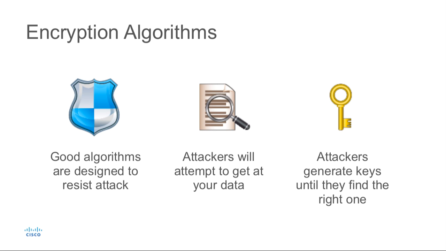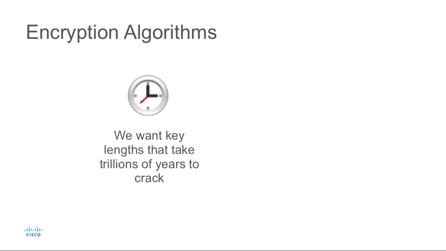With these algorithms, the stronger the algorithm, the longer it takes to come up with a key that could potentially unlock it. So with the longer key we use, an attacker guessing the key and unlocking the data is not feasible. It would take far more time than is possible.